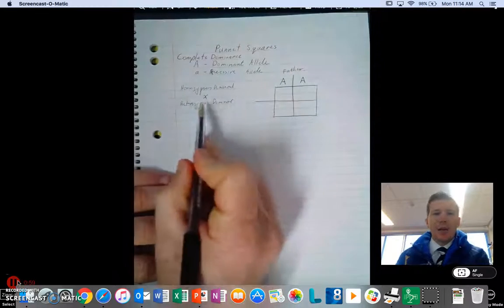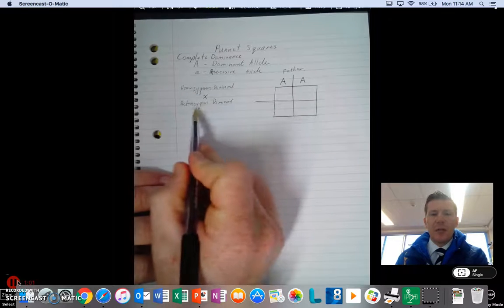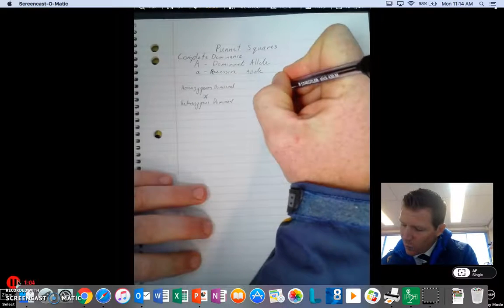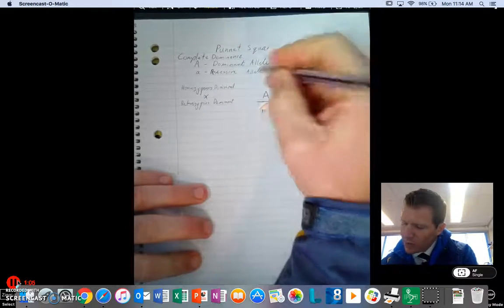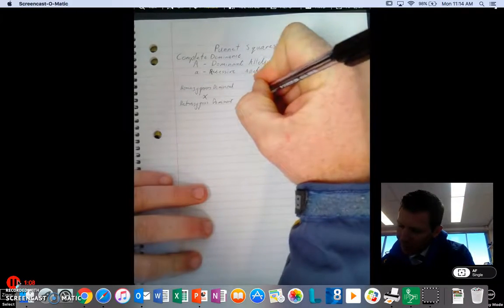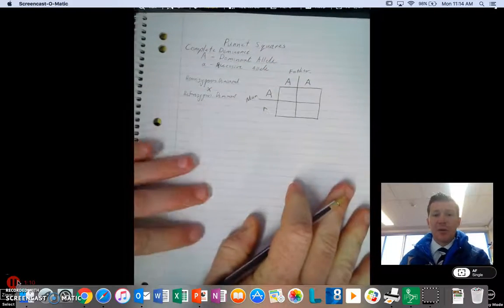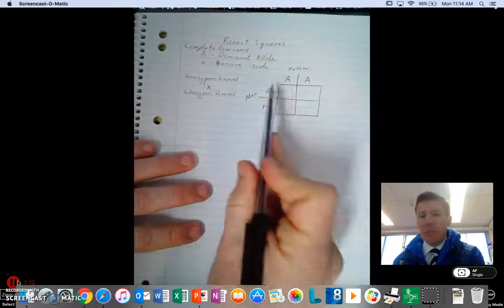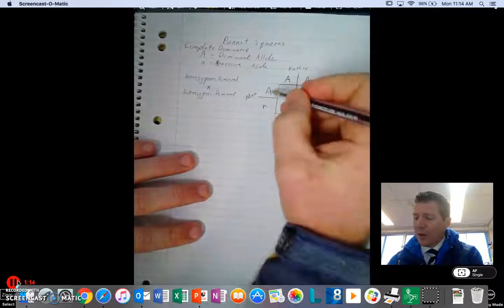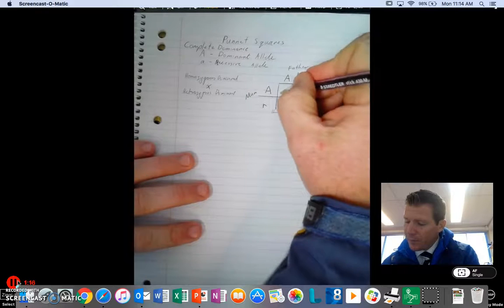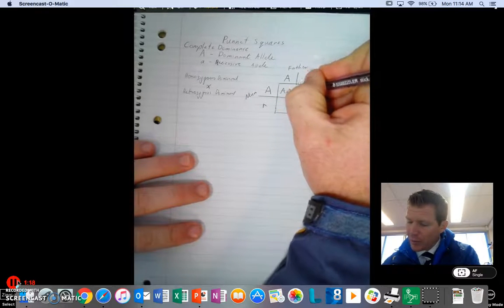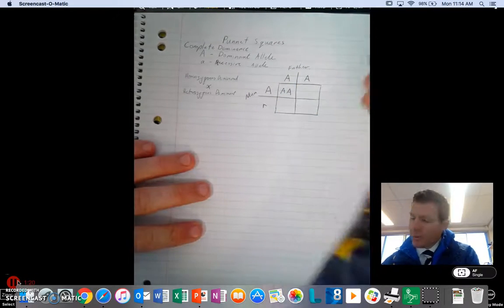Okay, and then the heterozygous dominant. So hetero meaning different. So we need one dominant and one recessive, and this could be mum, the mother, for example. Now all we want to do is use this Punnett square to cross it. So A with A, so we end up with, this is one possible offspring, a homozygous dominant.